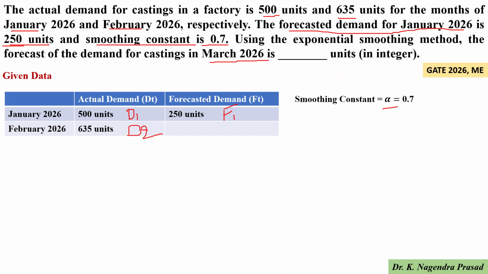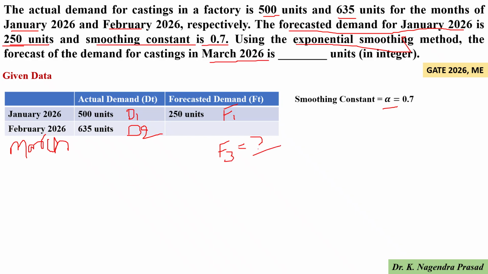Next, using the exponential smoothing method, we have to determine the forecast for the demand of casting in March 2026. So for March 2026 we have to determine the forecasted demand, that is the F3 value.